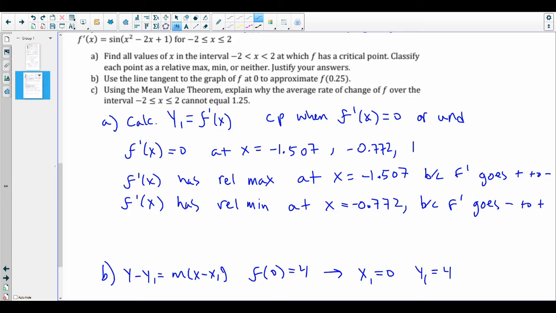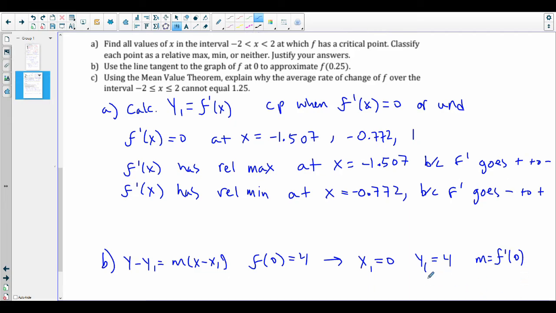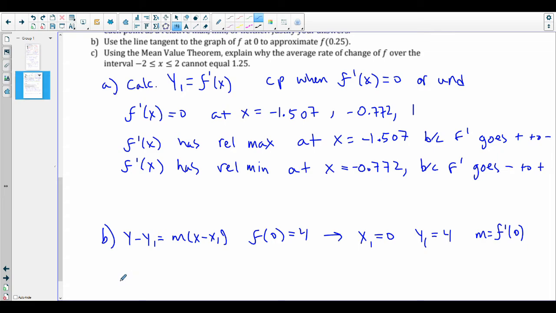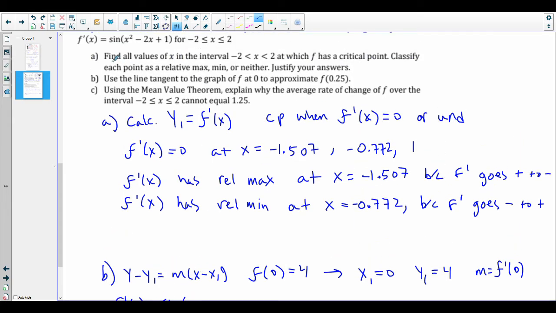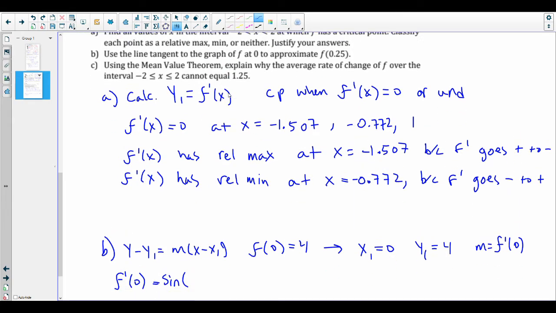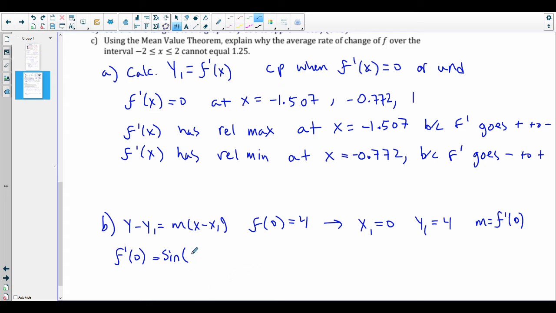Our slope in this case is going to be f prime of 0. We actually don't really need a calculator to do this part yet, because if we plug 0 in for x, everything cancels except the 1. So sine of 1. This is a gross decimal, so I'm going to leave it as sine of 1 for now.